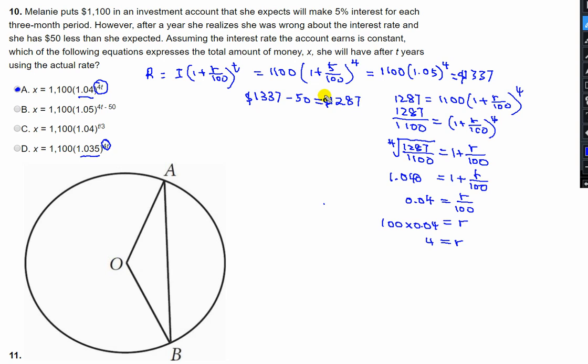I think that will be much faster if you use a calculator. The one that gives you 1287 will be the answer. That will be faster than working out these steps. But if you are doing IGCSE or O level, then this is the way that you should work out the r.